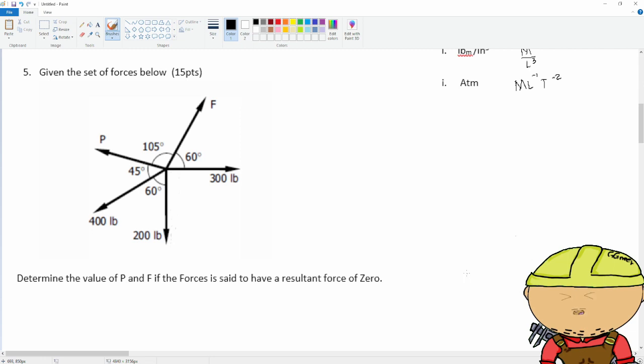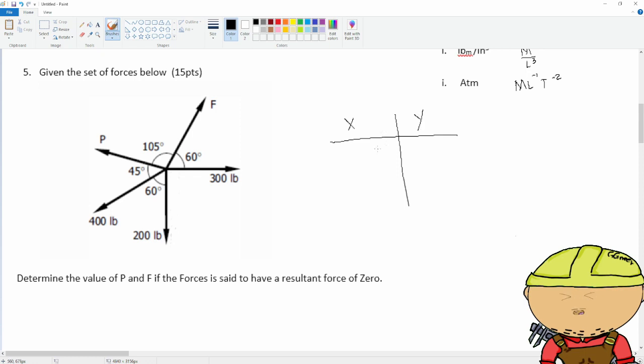I already have a diagram. When we solve for vectors, we use the component method, x component, y component.